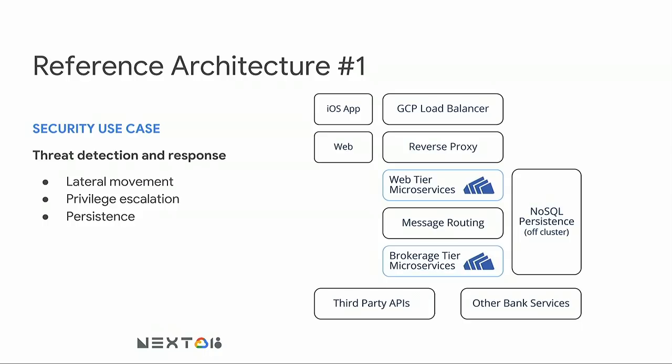There's a separate set of microservices that handles brokerage functions, order processing, reconciliation, and other tasks. And that tier interfaces directly with data that is persisted off cluster and is non-containerized. Everything that runs within the cluster is stateless. The tier also interfaces with a set of internal custodial services as well as third-party APIs.